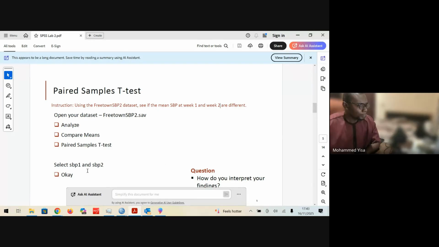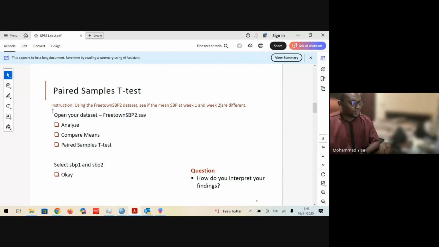Okay. So another test that we do when comparing means is a paired sample t-test, and this is for paired samples. It's in the name. So for this particular example, we are looking at if there has been a change in the mean blood pressure between week 1 and week 2.